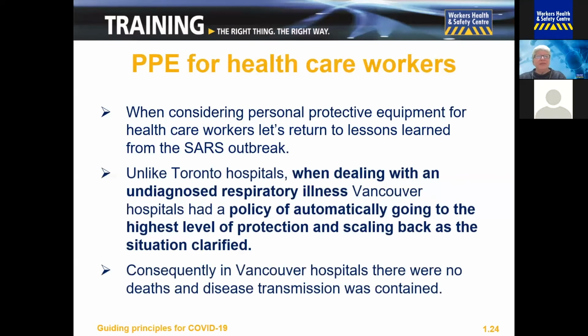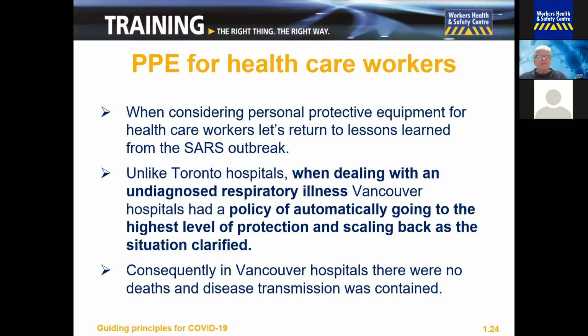When considering PPE for healthcare workers, let's return to the lessons learned from the SARS outbreak. To make his point about the importance of the precautionary principle during a pandemic, Mario Pisami, a senior advisor to the SARS Commission, compared the experience of Vancouver and Toronto hospitals.